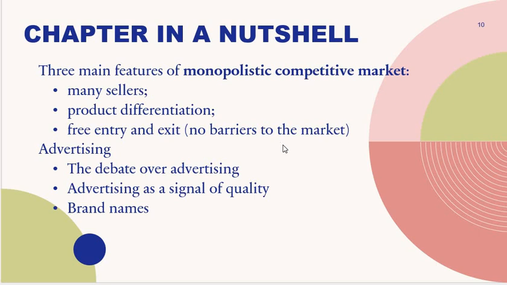So to summarize chapter 17, and specifically 17.1 and 17.3, the two sections we're covering here, we focused on introducing the features of monopolistic competitive markets, and we compared this market type to other market structures.